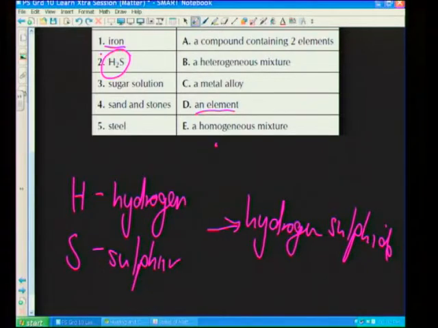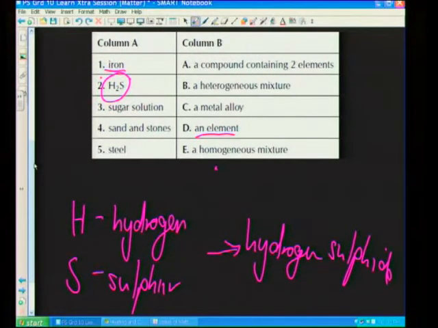Now, this is not an element. It's a compound containing two elements. We can see the hydrogen and the sulfide. So we're going to say for iron, the answer is D. For H2S, the answer is A.